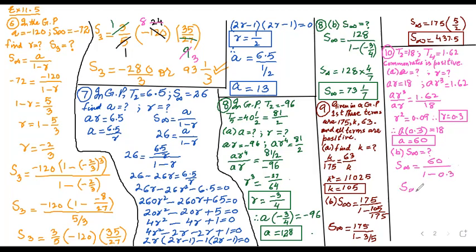So S infinity will be equal to 60 upon 0.7, sorry, which will become finally equal to 85 whole number 5 upon 7. So this is the answer for part B of question number 10.